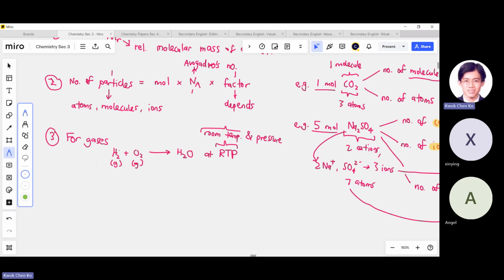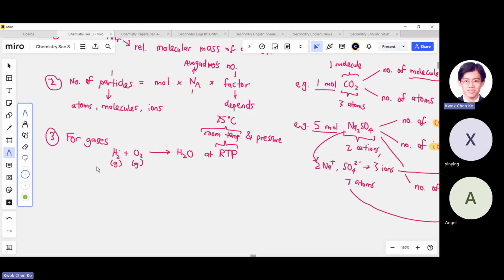Dylan, what's room temperature? Is there a value? No, it's not the room you're in now. For chemistry, it's a fixed value, 25 degrees Celsius.